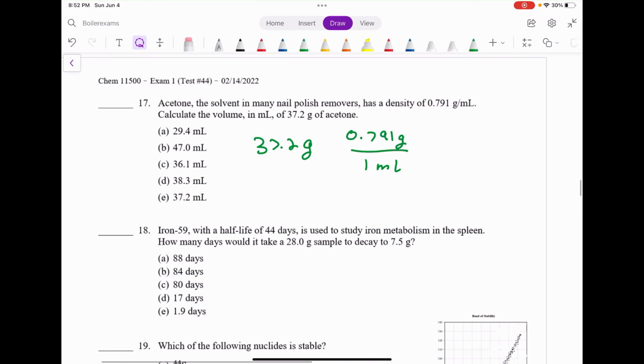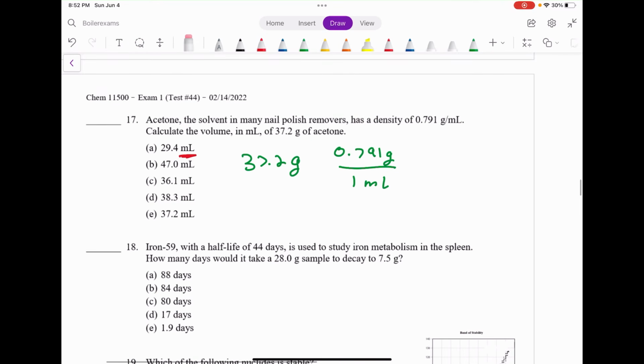If I want the units to cancel out and get me just milliliters, I need to flip my conversion here. So let's do 1 milliliter on top, 0.791 grams on the bottom. Let's multiply these two.